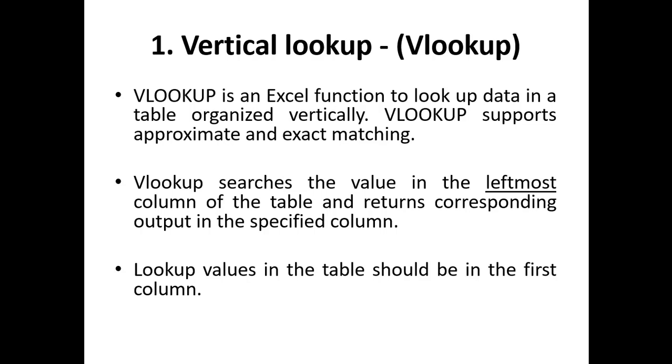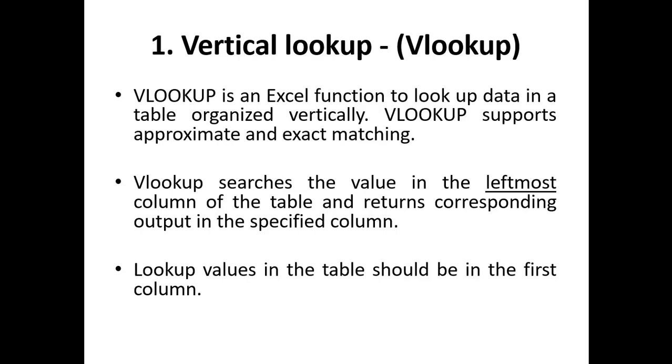So the VLOOKUP searches the value in the leftmost column. Generally, when you apply that to the vertical format, what will happen? It will look for the value in the leftmost column. So the far left column is the column it takes as the reading column of the table, and then it returns the corresponding output from the specified column. That means the first column of this particular database needs to have very unique codes, whereby you can use those codes to filter other information given in the other specified columns.